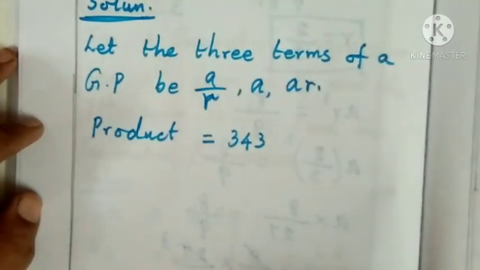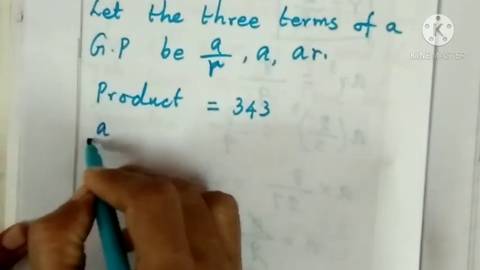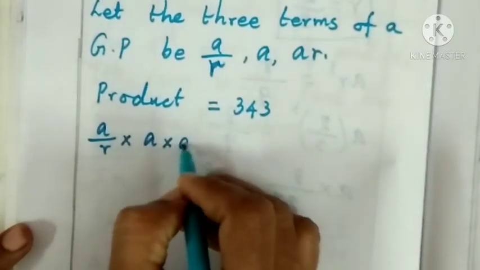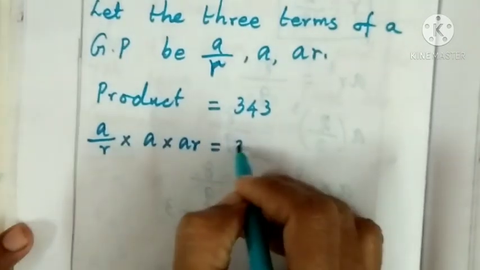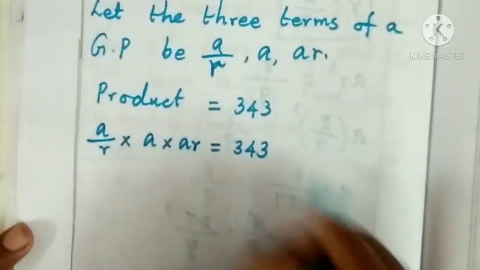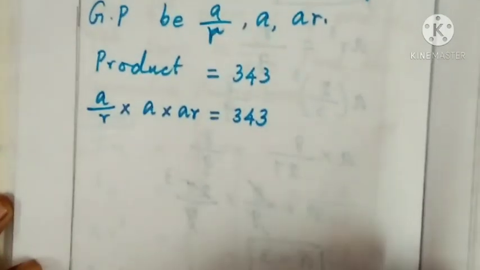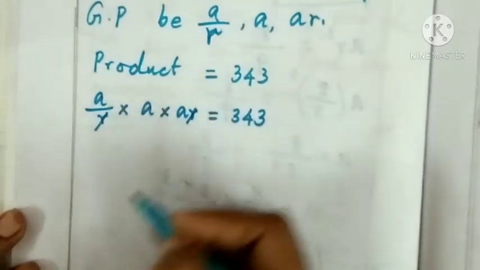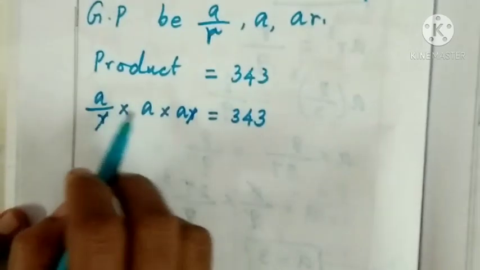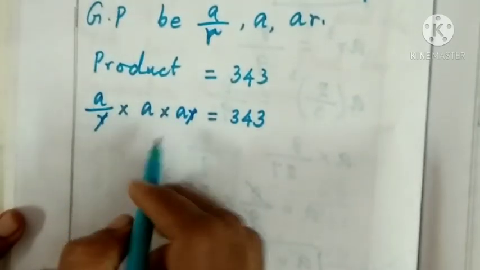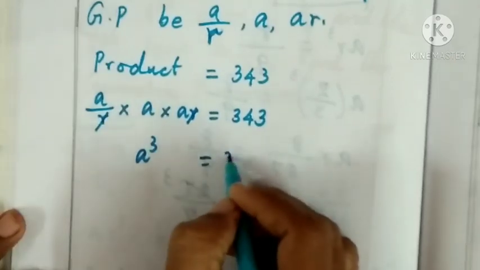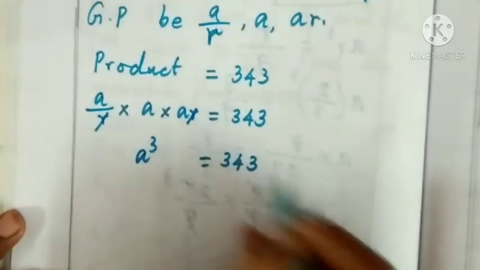That is, a by r into a into ar is equal to 343. Here r cancels, then we get a into a into a, a cube is equal to 343.